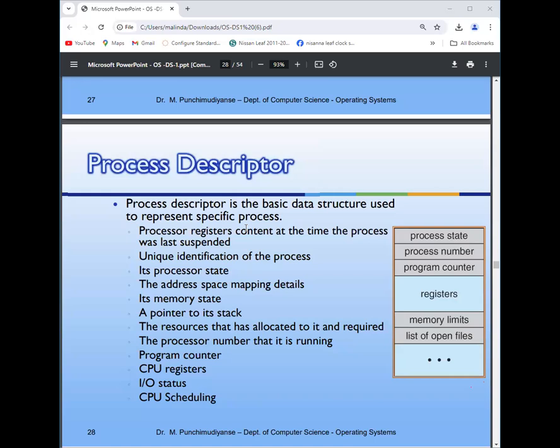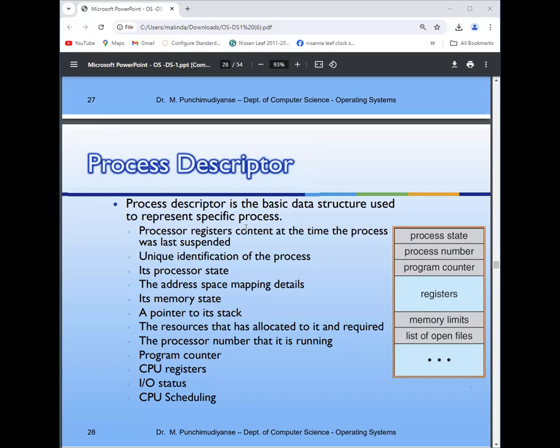For example, in Unix, when you list the processes, it gives the process ID, the number. Then we give the command kill with that process ID, and that process will be terminated. Likewise, the process control block has the unique identification of a process, its state, whether it is suspended or running or in other states, and the address space mapping details.